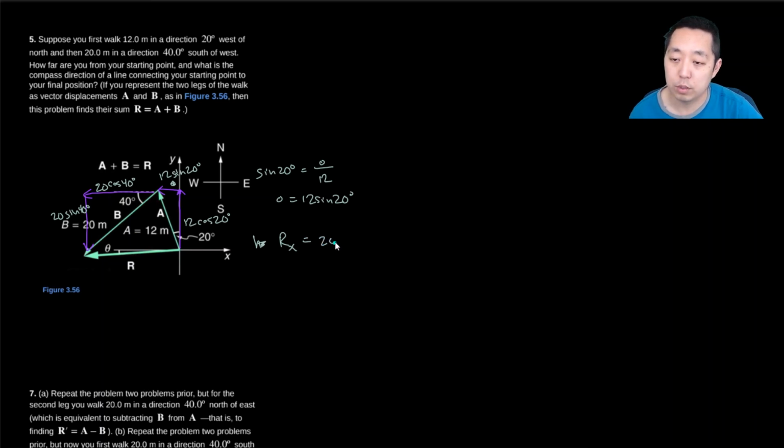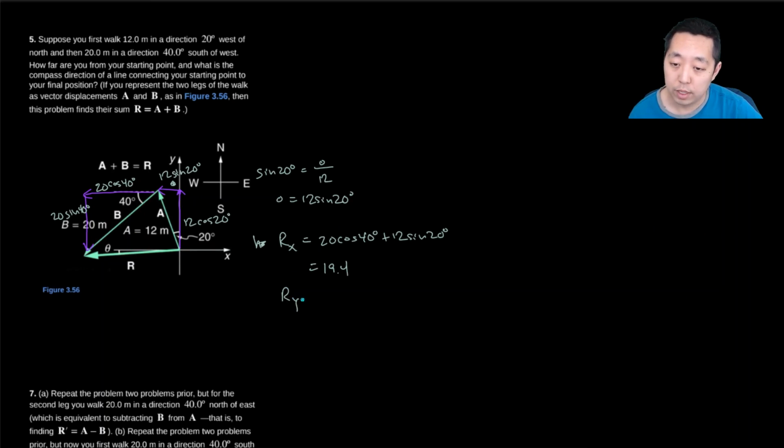So I'm simply going to do 20 cosine 40 degrees plus 12 sine 20 degrees. And when I do this, 20 cosine 40 plus 12 sine 20, I get 19.4. You've got to remember though, this is 19.4 to the left.